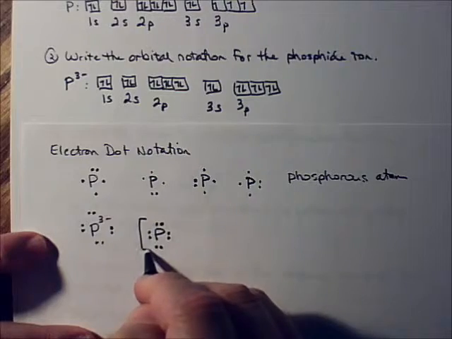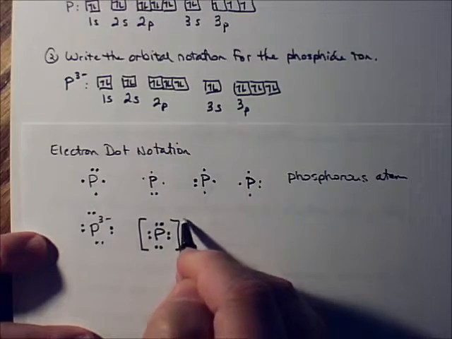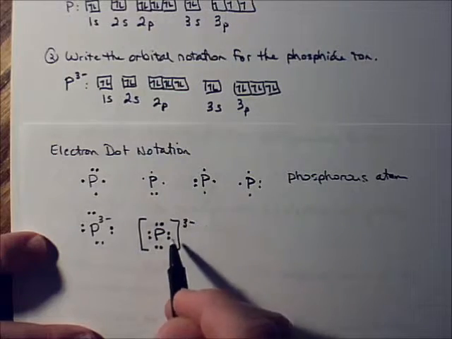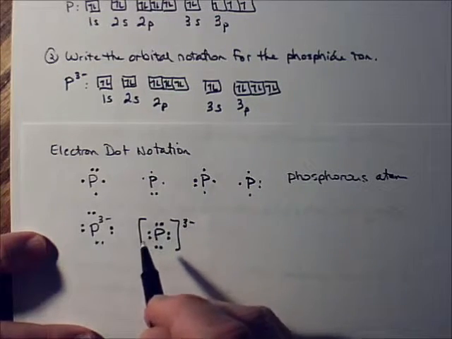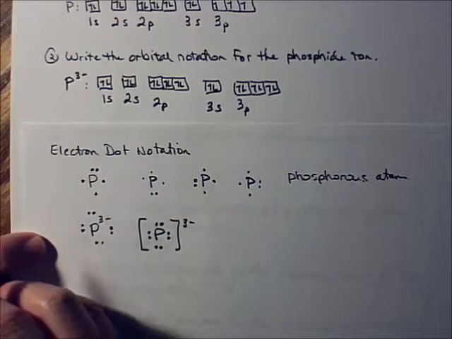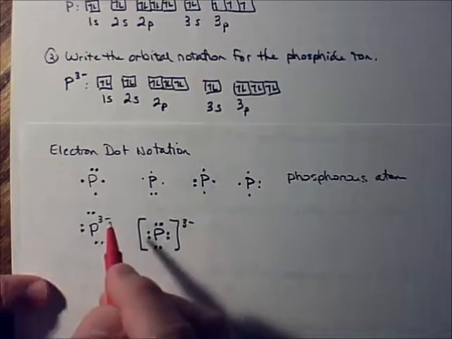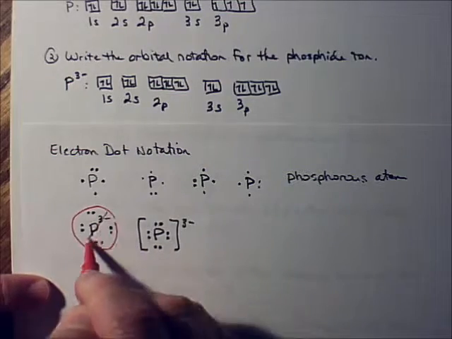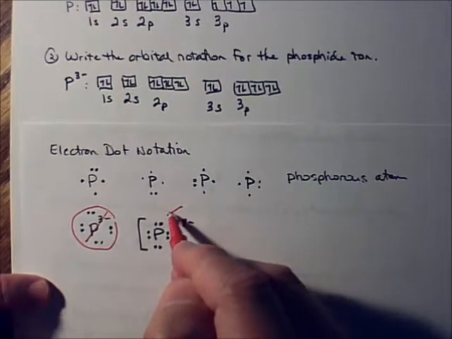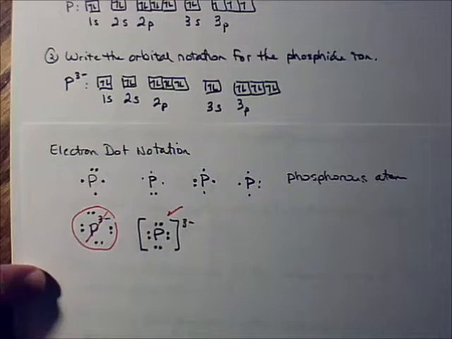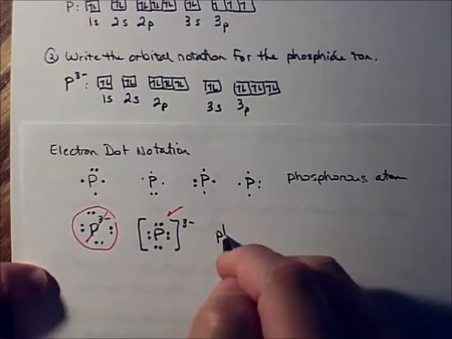Put this electron structure in brackets like this and put the 3 negative outside. And that makes it clear that the 3 negative belongs to the whole thing, not just some part of it. Does that make sense? Okay, so we'd prefer not to do it this way. This is preferred for an ion of phosphide. Got it? So this is the phosphide ion.